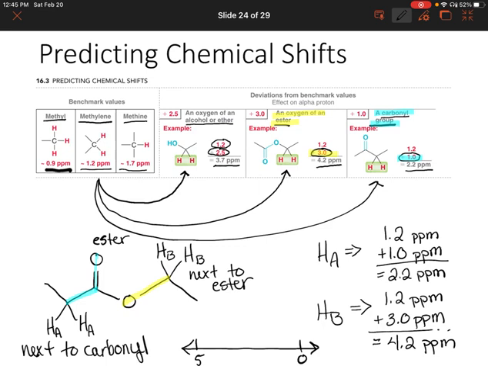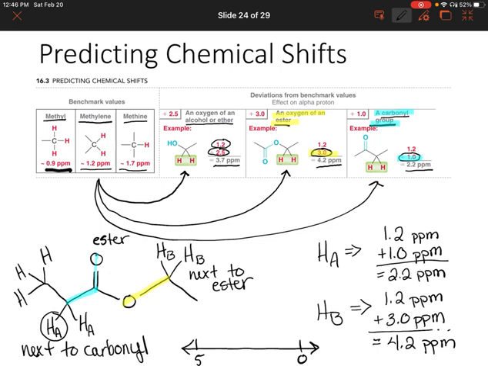So how many neighboring protons does HA have? So on the methyl group on the end, there are 3 protons. So HA would have 3 neighboring protons that are in a different chemical environment.